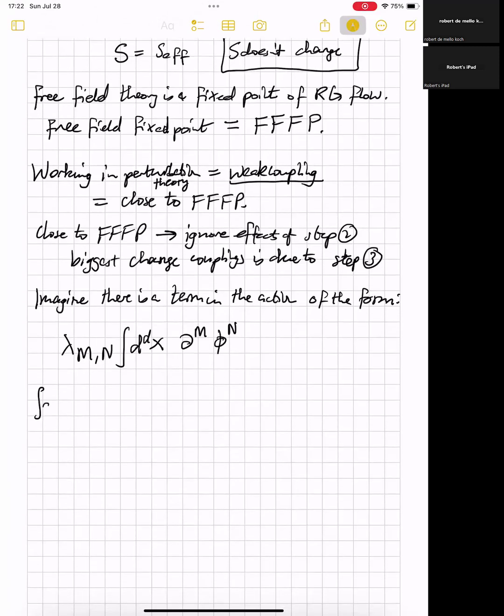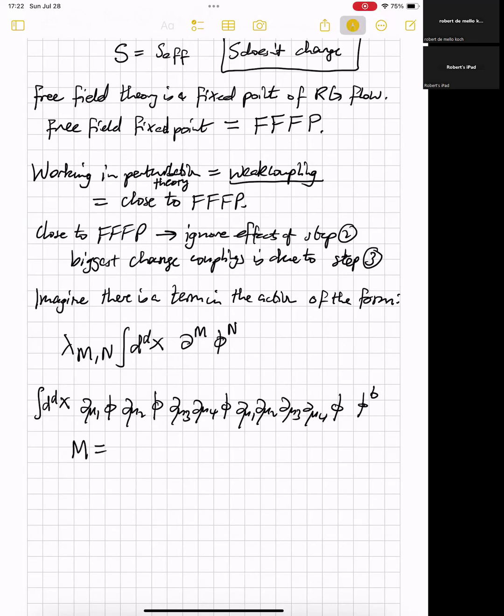So we could have the integral d^4x. We might have d mu1 phi, d mu2 phi. Perhaps we'd have a d mu3, d mu4 phi. And then we might have a d mu1, d mu2, d mu3, d mu4 phi, and say a phi to the 6th. In this term, if you count, there's a total of 8 derivatives, so m is equal to 8, and there's a total of 10 fields, so n is equal to 10.